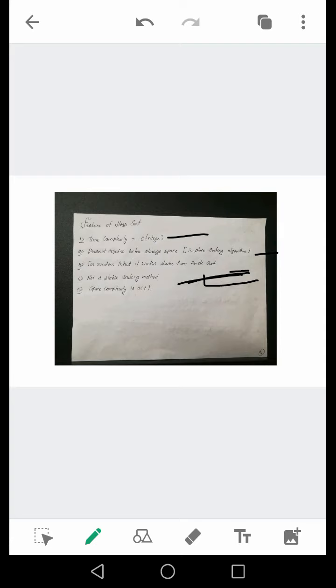And next we are having the space complexity. The space complexity of the heap sort is of the order of 1, because it does not require any extra memory space for the storage in order to sort.